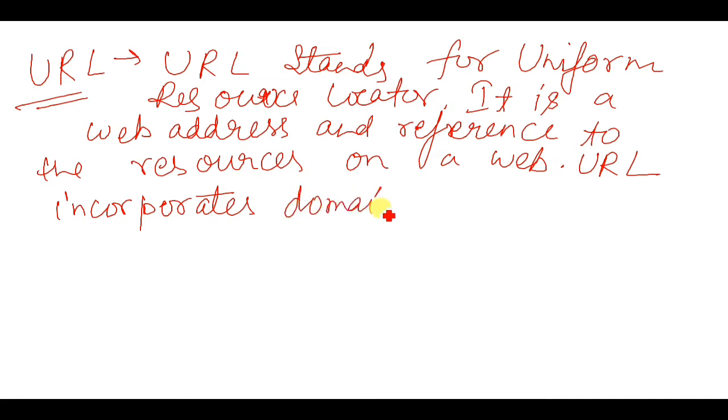So student, a URL incorporates a domain name. A URL is made of many parts. One is the domain name. For example, www.google.com is the domain name.